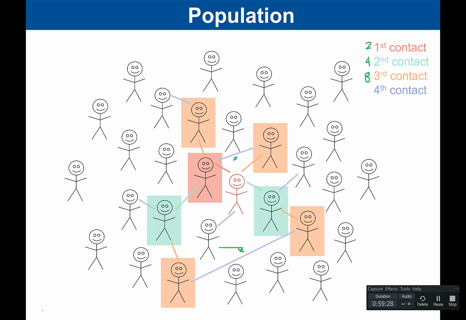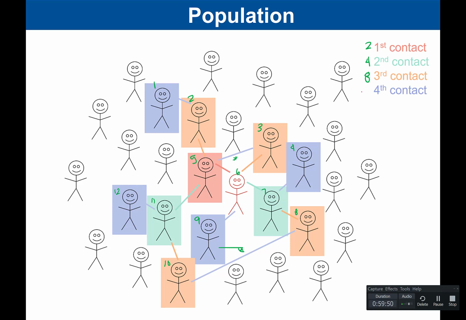And so let's look at what happens there. What we end up with is 1, 2, 3, 4, 5, 6, 7, 8, 9, 10, 11, 12. We end up with only 12 cases in the fourth round.